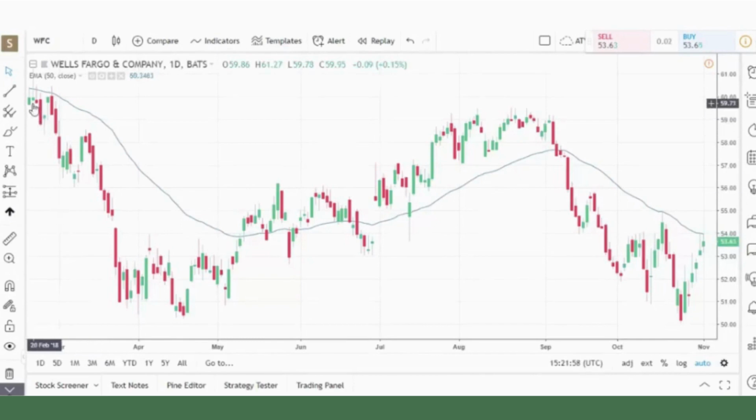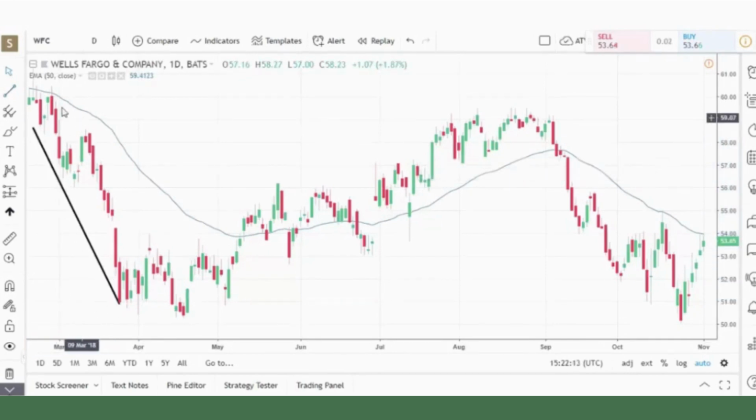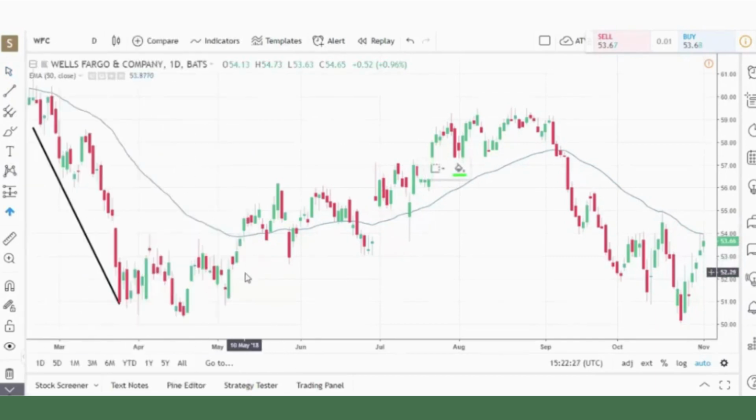So if we start at the beginning of the chart, we see the stock is below the 50-day exponential moving average, and it's in a downtrend. And I'll add a downtrend line here. And it's below the EMA. So we'll use the EMA as our support and resistance level. When the stock moves above the EMA, as it does here, we would get long the stock.